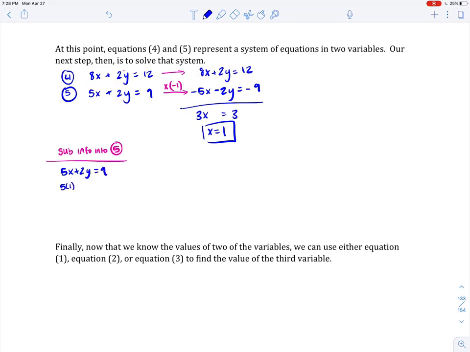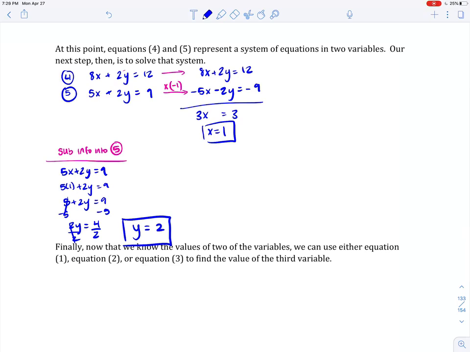So I have 5x plus 2y is equal to 9, and I'm plugging in x as 1, so I have 5 times 1 plus 2y is equal to 9, so I have 5 plus 2y is equal to 9. I subtract 5 from both sides, and I get 2y is equal to 4. Divide both sides by 2, and I get, whoops, y is equal to 2.